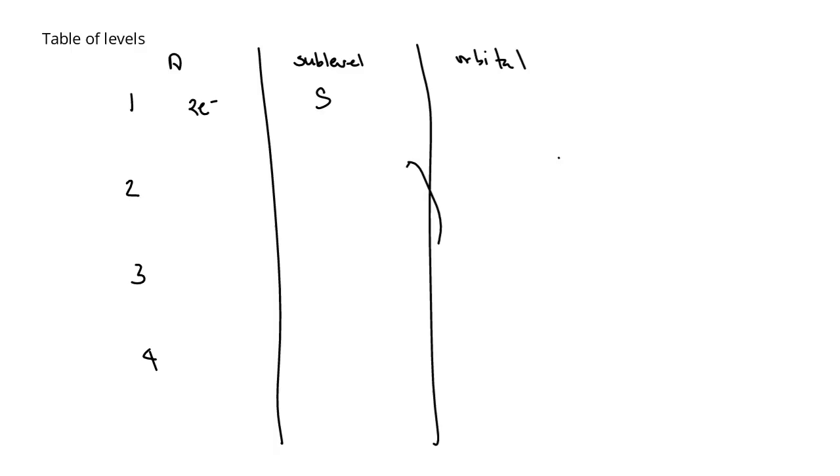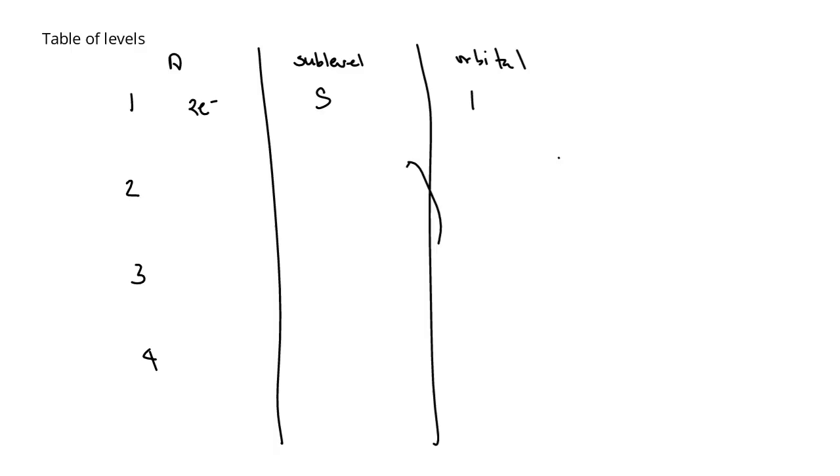I already said there's only 1, right? So that means that for an S sublevel, I can have 2 electrons in that sublevel. So each sublevel type can hold a maximum of 2 electrons. There's only one S, it can hold up to 2. There's only one of those.